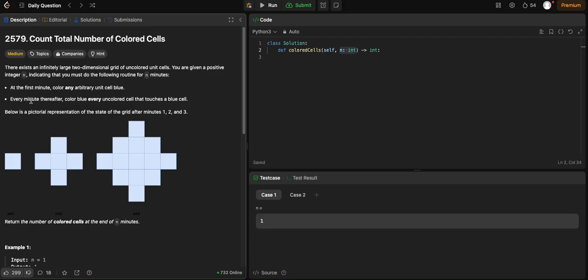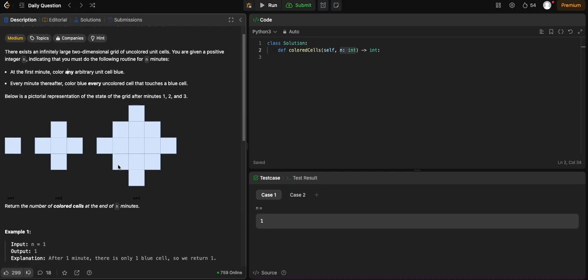Every minute we want to color blue every uncolored cell. It just means that whenever there's an adjacent uncolored cell in the previous minute, the next minute you want to color that. So we want to return the number of colored cells at the end of n minutes.